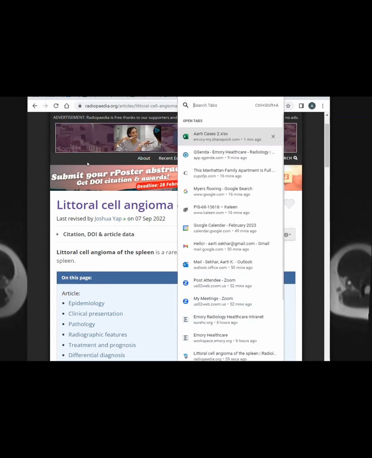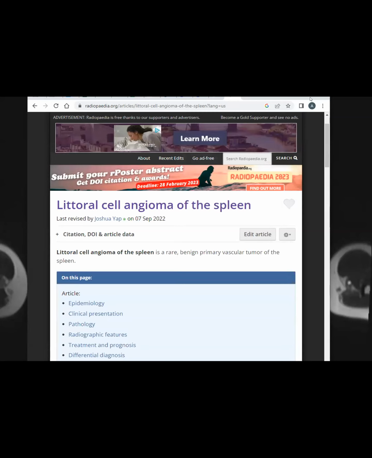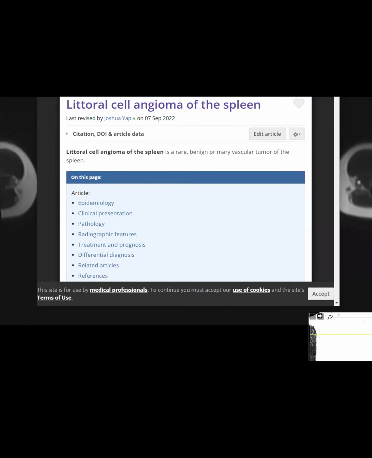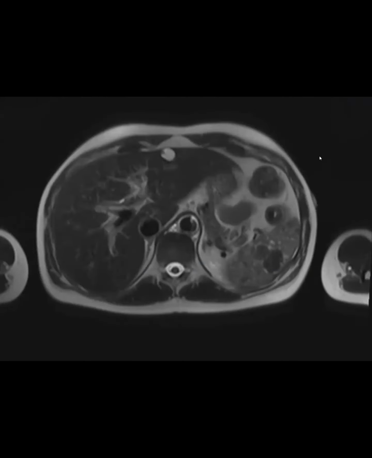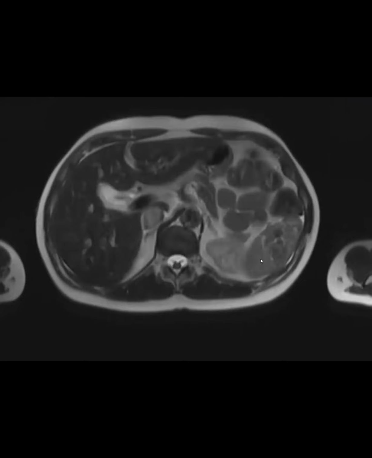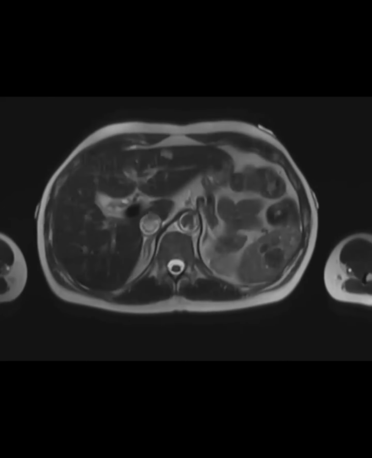I'm going to bring up a few teaching points about littoral cell angioma. One, they tend to be multifocal lesions. They usually are benign, although rarely they can develop into littoral cell angiosarcoma. Nobody knows why they develop, but it's thought to be on an immune spectrum.